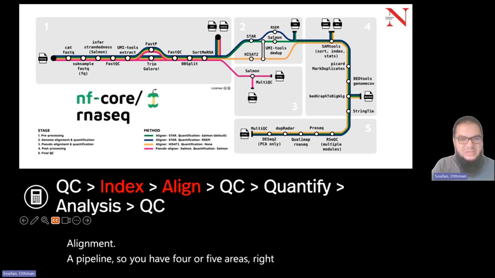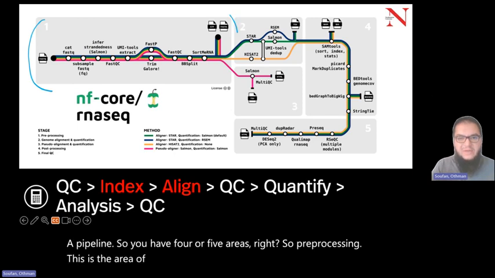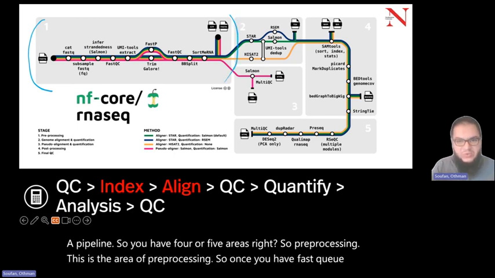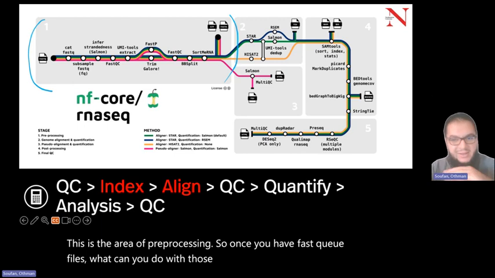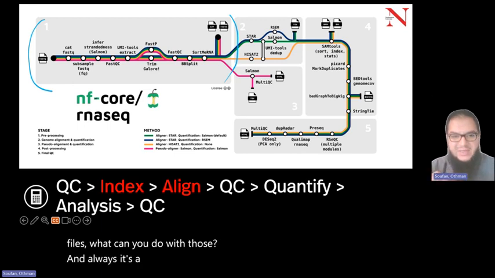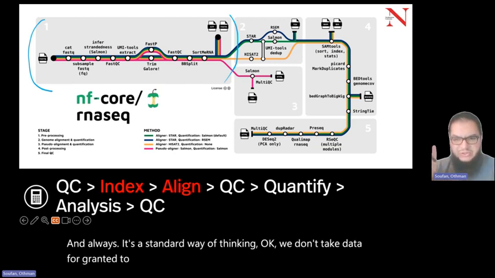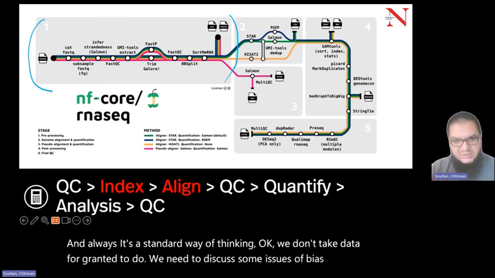So pre-processing, this is the area of pre-processing. Once you have FASTQ files, what can you do with those? It's a standard way of thinking: we don't take data for granted. Today we discussed some issues of bias, and we may have certain errors.